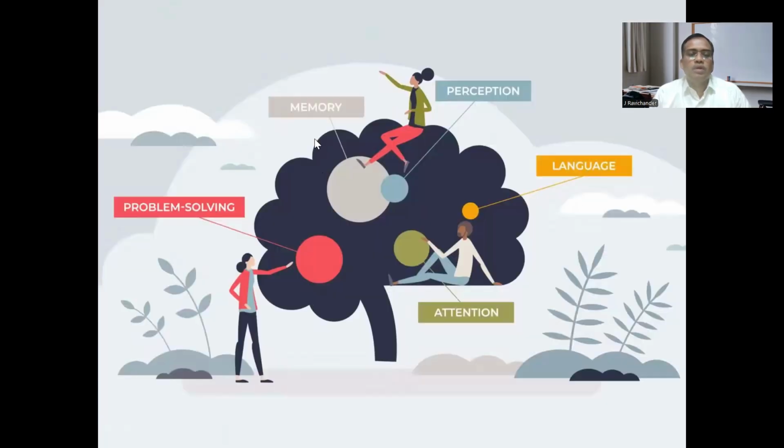In cognitive science, we will discuss what perception is, what memory is, how we solve problems, and attention as well as language.